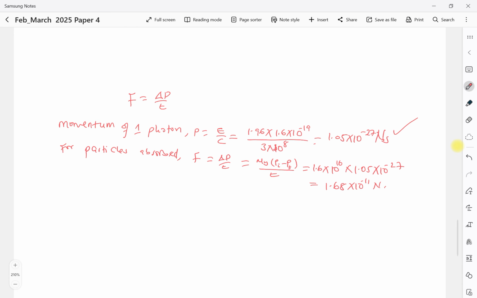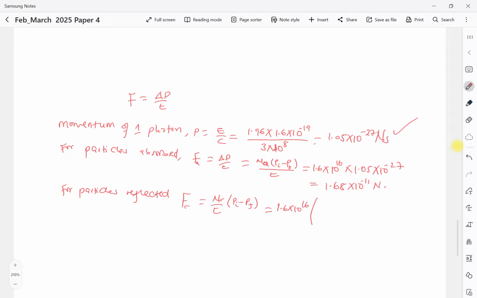Then for particles reflected, this was absorbed, this was reflected. The force is going to be again the change in momentum times the number of particles reflected over time, initial minus final momentum. The number of particles reflected is 1.6 times 10 to the power of 16 because that was half.